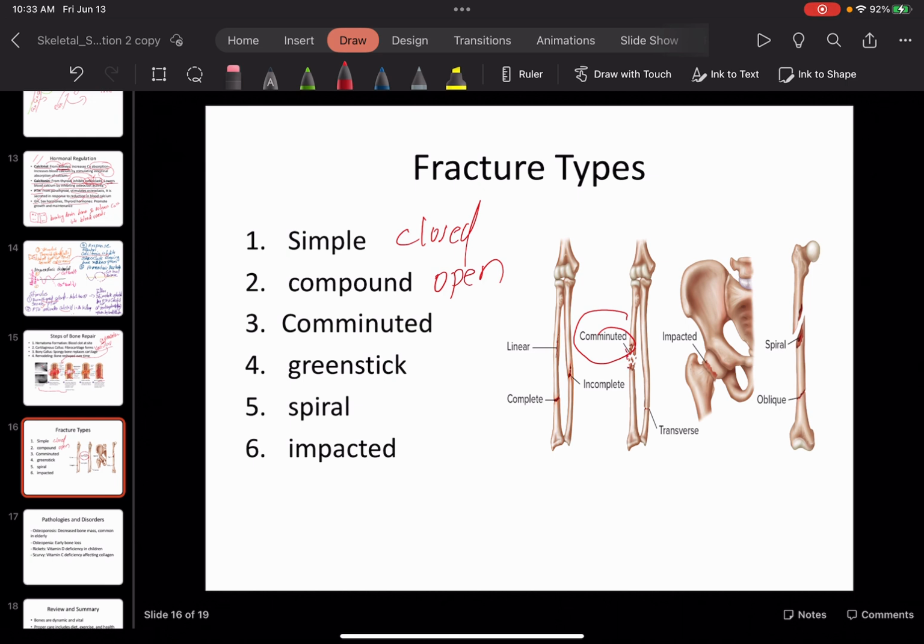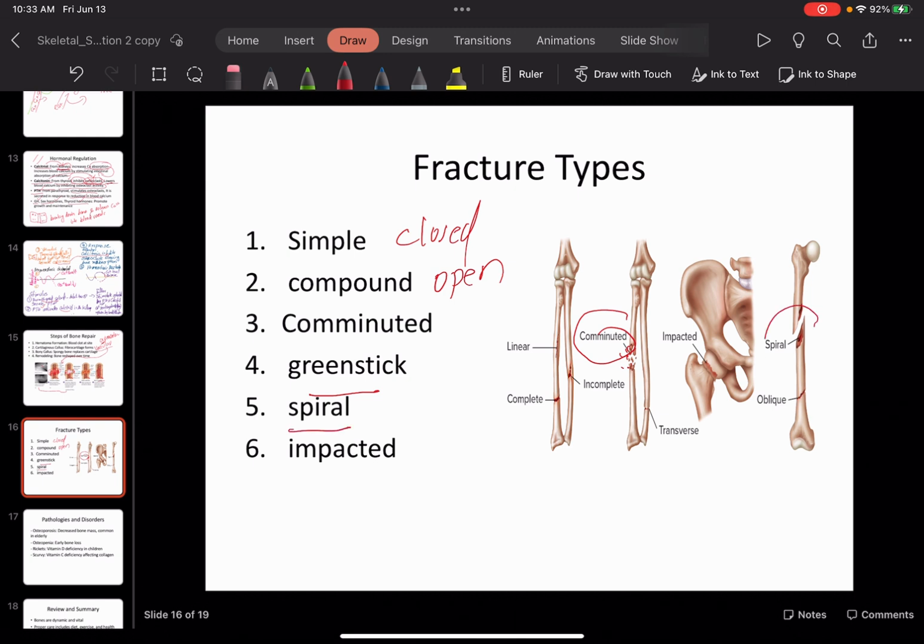You can see that. Then greenstick, a partial break. This is mainly seen in children. Their bone is not rigid like an adult's, it's a little bit flexible, so sometimes it only partially breaks. Then there's spiral, caused by twisting force.